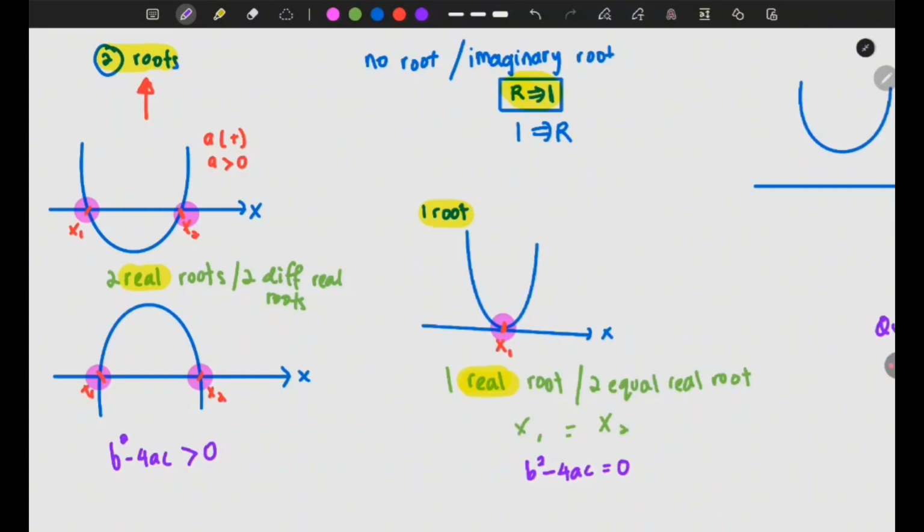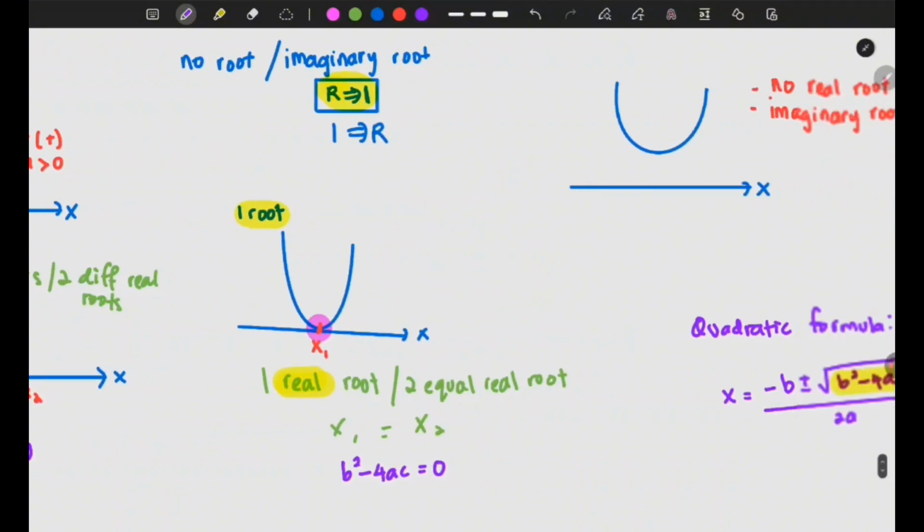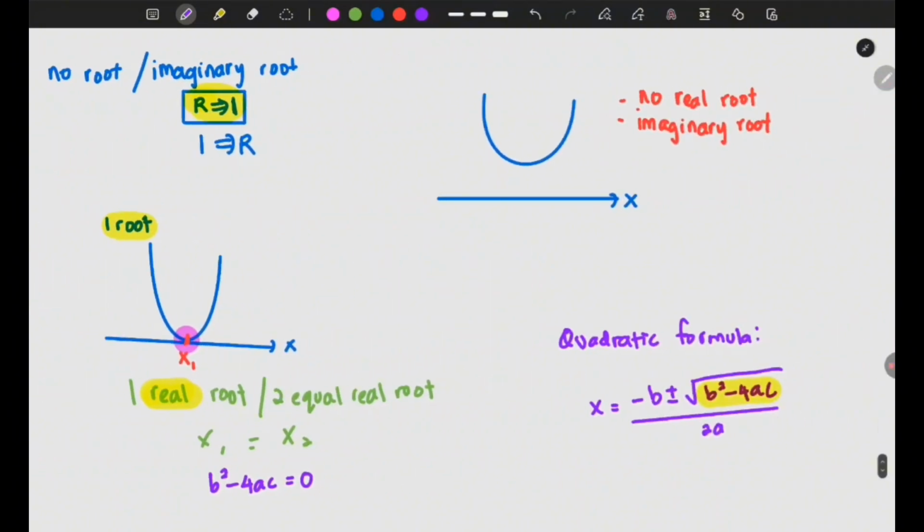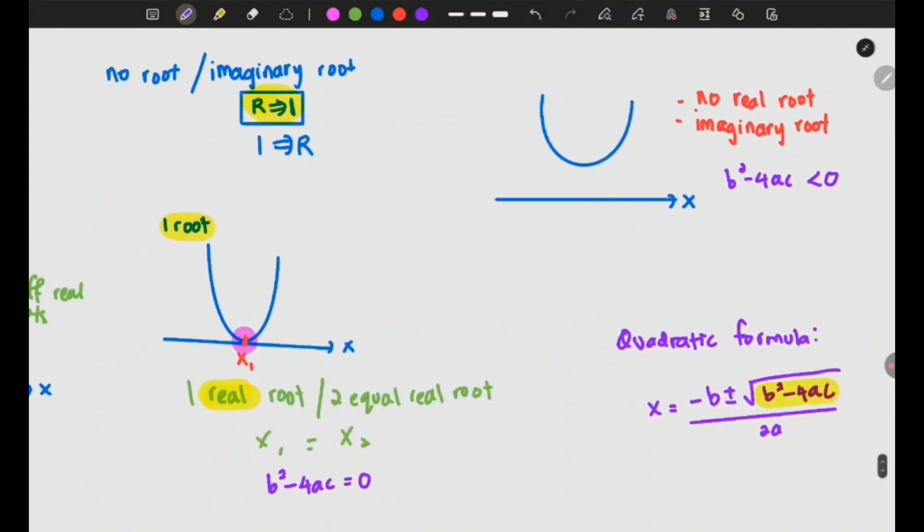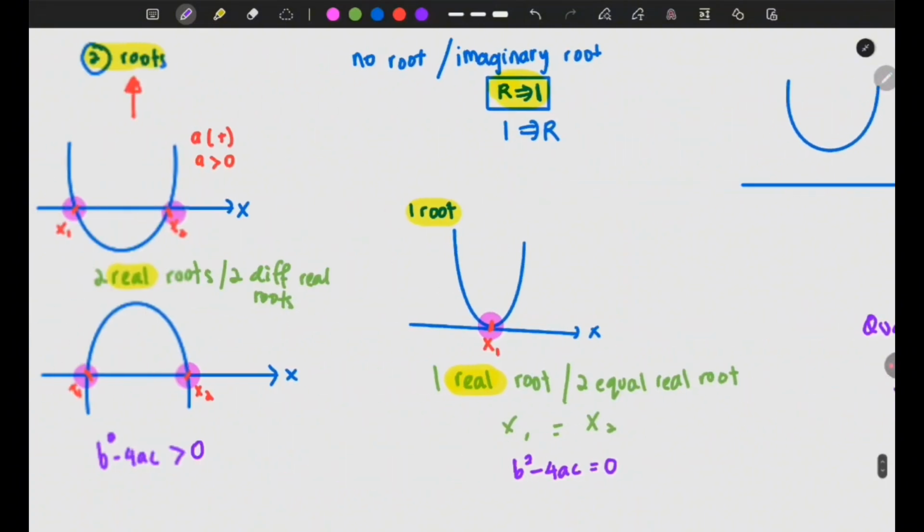And if there is no root, it's going to be less than 0. So these are the equations that you have to remember for each type of graph and each type of roots. This, and this.